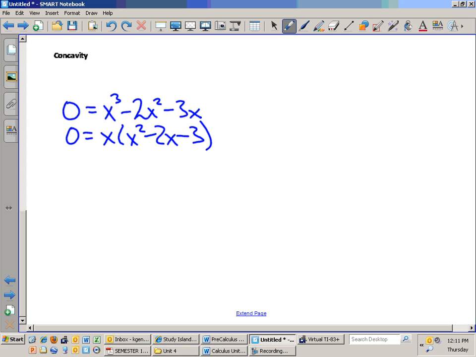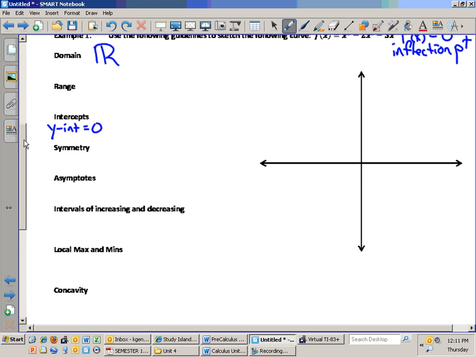Now what? x minus 3 times x plus 1. So that means I have zeros at 0, 3, and negative 1. So the x-intercepts would be at 0, 3, and negative 1.